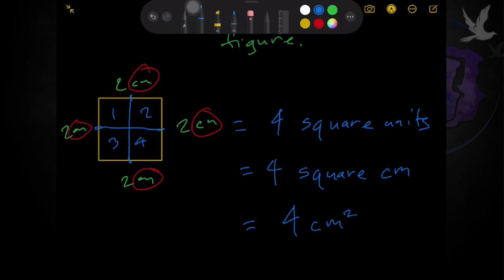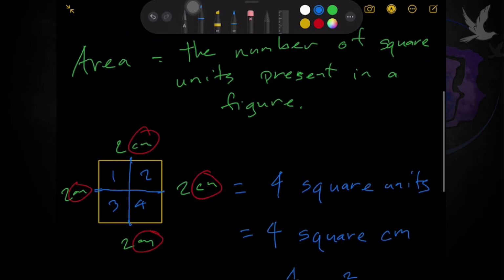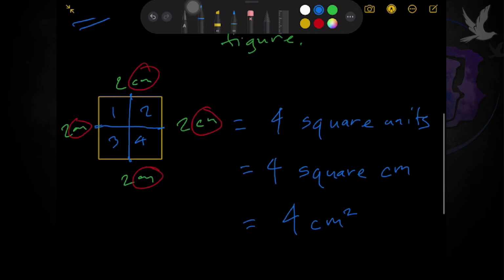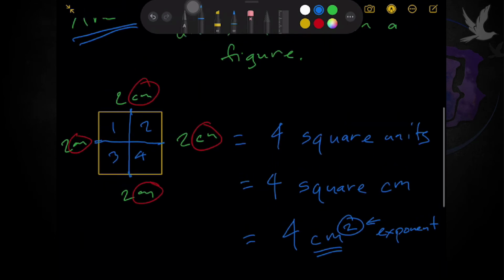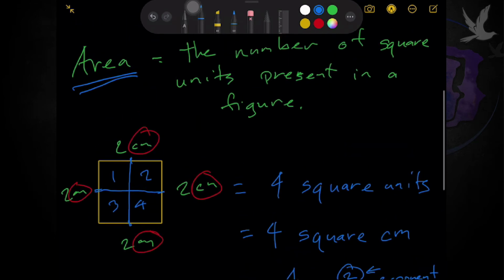Okay, so take note, if we are solving for area, if you notice our answer or the unit has a tiny little number, or as we call it in mathematics, exponent, and it has a value of 2. Okay, 2 lang yan. Always 2 when you are talking about area. Okay, so this is how you solve for basically the square unit of a figure.